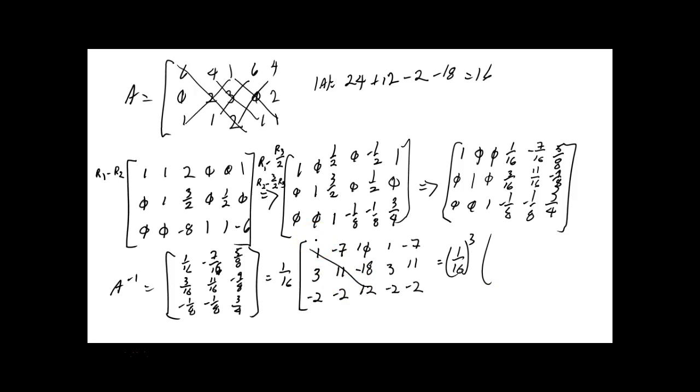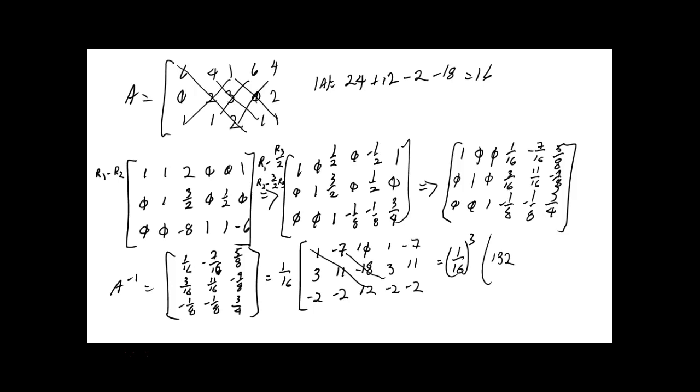Times, and what's that? 11 times 12 is 132, isn't it? 11 times 11 is 121. I think that's 132, okay? And I think it's time for a calculator here. That would be positive.